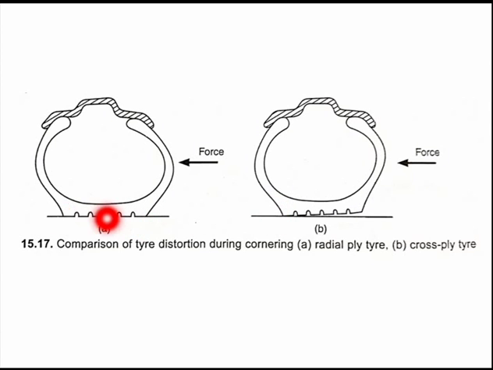A uniform wear happens in the radial type. That is why the tire distortion during cornering is more in the cross ply.